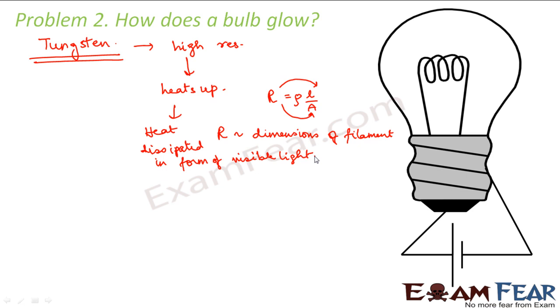Nobody waits for the electrons to drift from one end of the wire to the other. Since electrons are present at every portion of the wire, everybody starts drifting as soon as an electric field is set up throughout. As soon as the electrons at all portions of the wire start drifting, electric current is set up. When the electric field is set up instantly, the electron drift also starts instantly at every portion of the circuit. As a result, the bulb also glows.